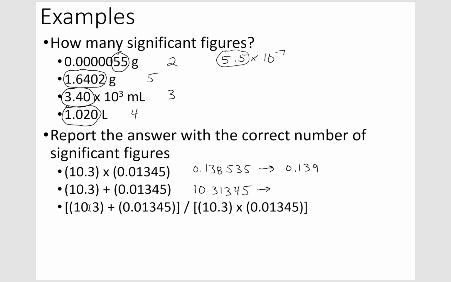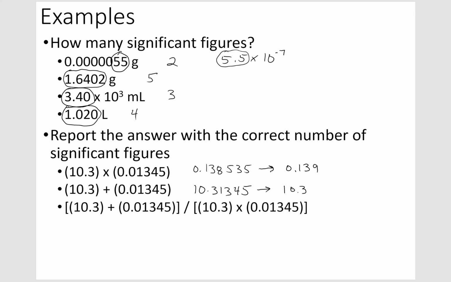So I can really only go out to this tenths digit here, because even though this one goes out to 100 thousandths, this one is where I have to stop. So I have to round that off to 10.3. That whole second value doesn't even really affect it because the first measurement is so imprecise that I can't go any further than that.